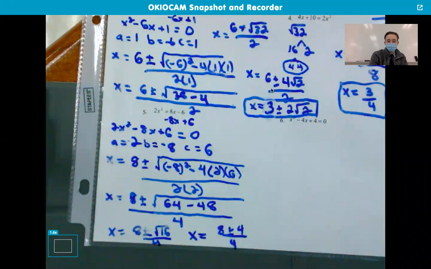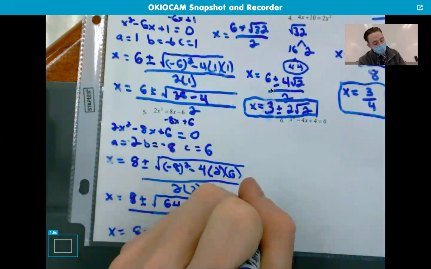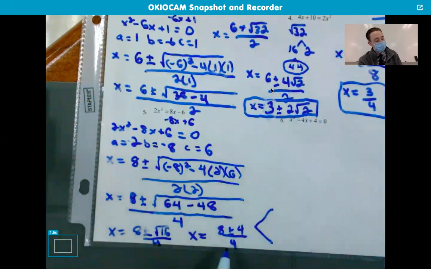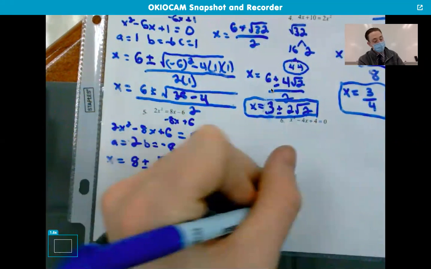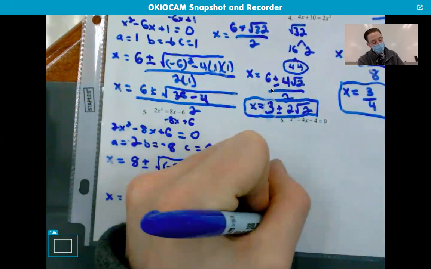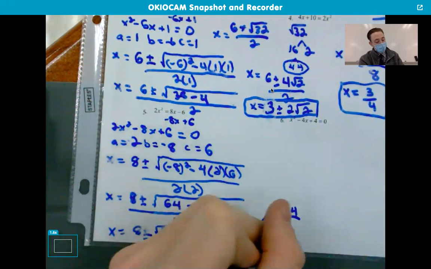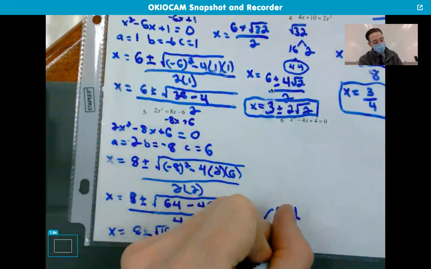Can't you simplify this? It's not necessarily about dividing, but remember, when we get down to the two integers, we break it up, because we had that plus and minus up top. I'm trying to find each of those solutions. So I have to do 8 plus 4 over 4 and 8 minus 4 over 4.